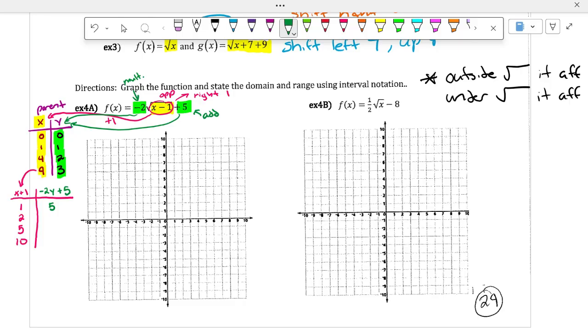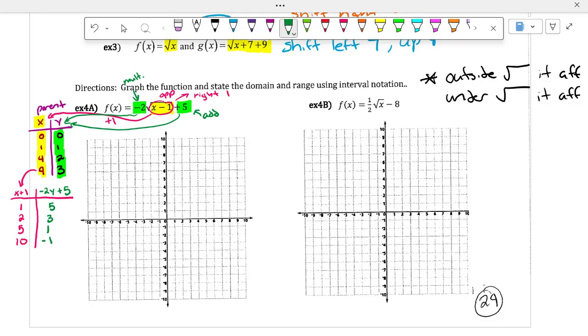What's 1 times -2? -2 plus 5. 3. What's 2 times -2? -4. Plus 5. 1. Good. And then finally, what's 3 times -2? -6. And then plus 5. -6 plus 5. -1.